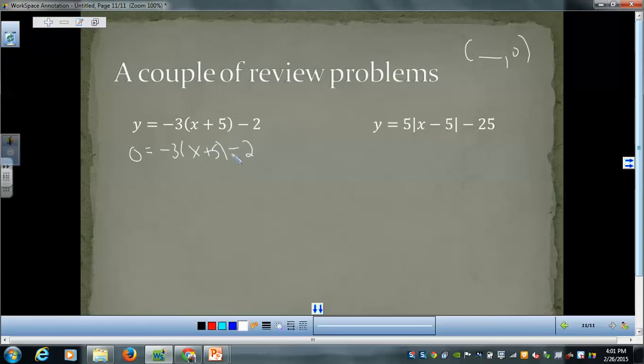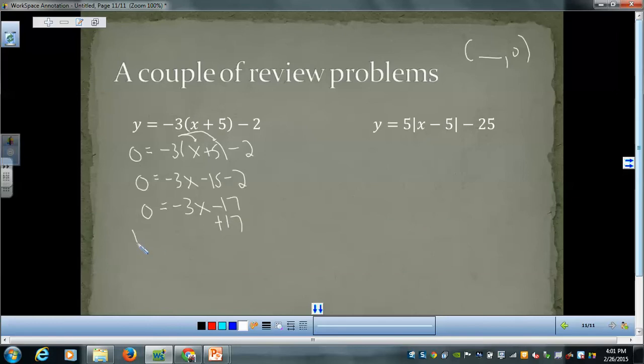Now, I did this on purpose because I wanted you to see the difference here. Notice we have parentheses, but they are not locked. We are not raising the parentheses to a power. So what that means is I can distribute whatever's in front to both terms inside here. Negative 3 times x is negative 3x. Negative 3 times 5 is negative 15. And then I have the minus 2. So I can combine like terms here, so I have the minus 17.